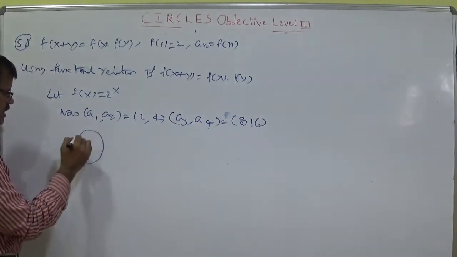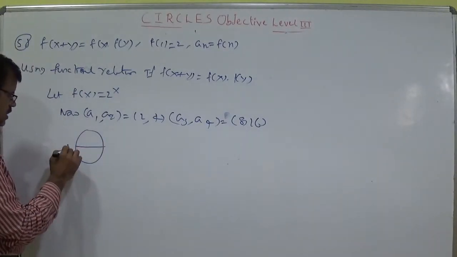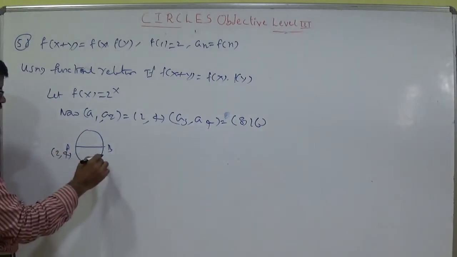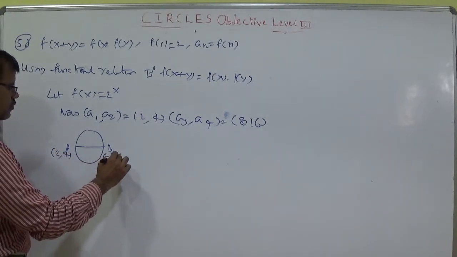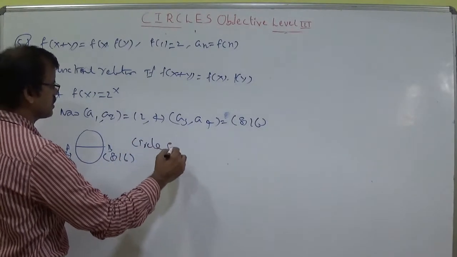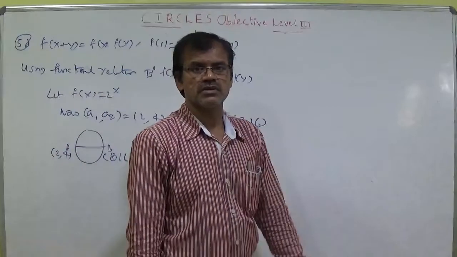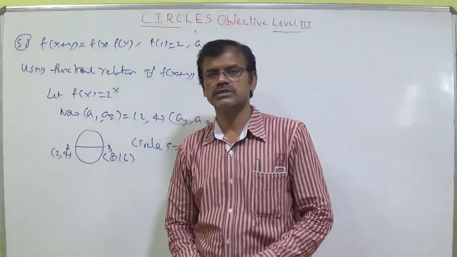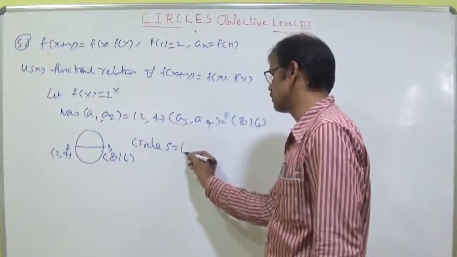Draw a circle like this having capital A and capital B as end points of diameter, (2, 4) and (8, 16). The required equation of the circle S is the equation of the circle having end points of diameter: x minus x1 into x minus x2 plus y minus y1 into y minus y2 equal to 0.